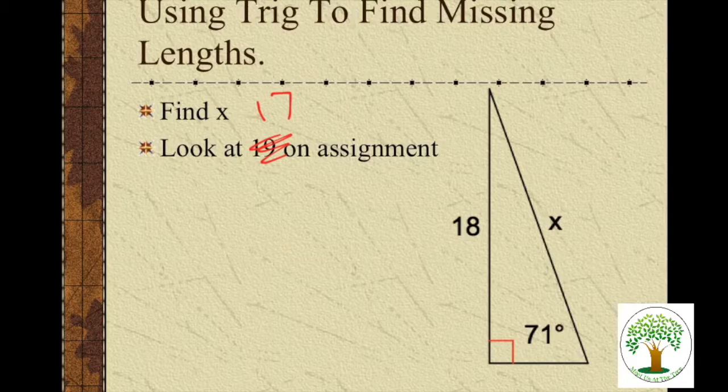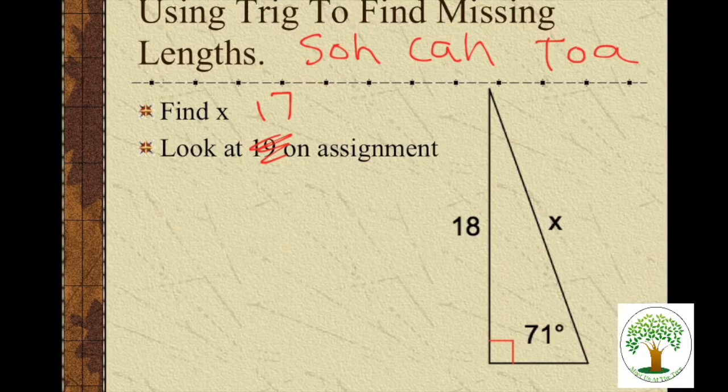What we have to do is keep that sine, cosine, and tangent stuff in front of us in some way so that we can have those in our minds, because this time we're going to have to decide which one we're going to use, either sine, cosine, or tangent.